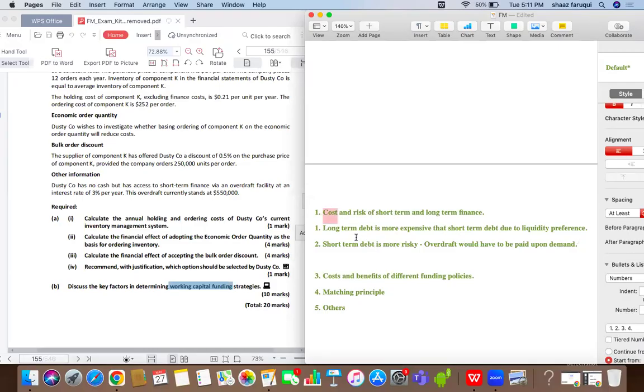Even in those points I'm further putting cost. I have elaborated and said long-term debt is more expensive than short-term debt. I've communicated this to the examiner. Then I've talked about the risk, and said short-term debt is more risky. So in both cases, I've mentioned the point and then I've told the reason.